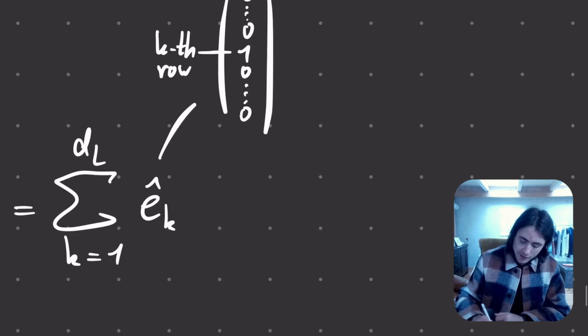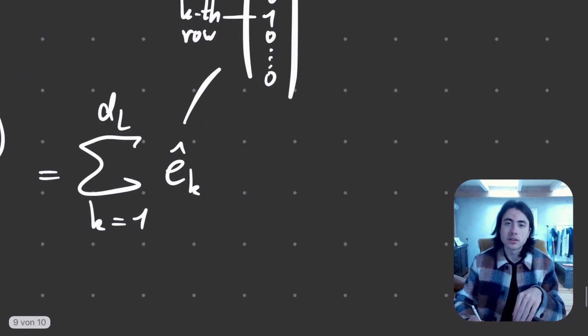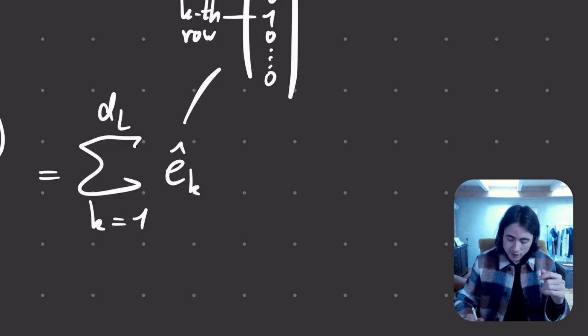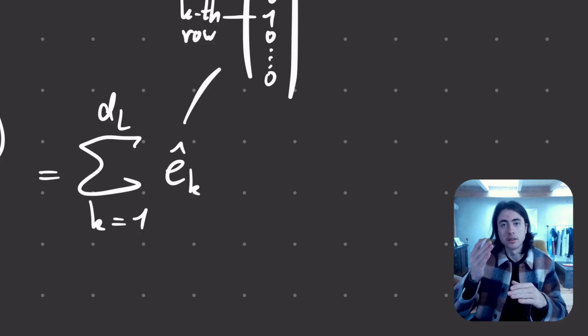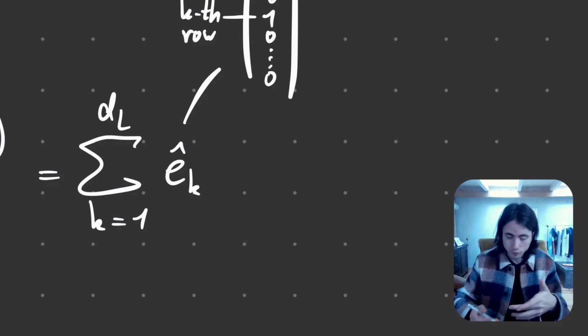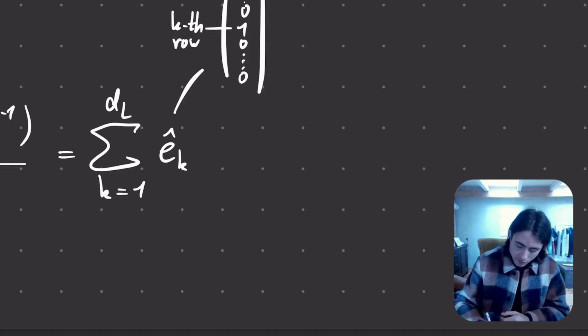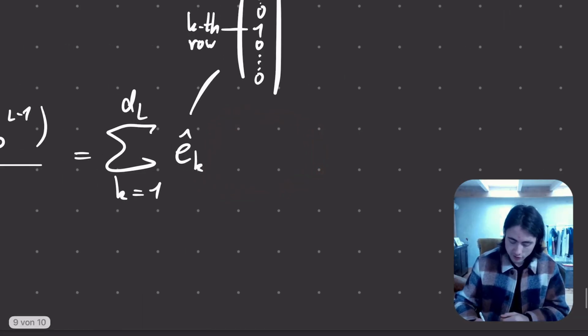Okay, and so if I multiply the unit vector with some scalar and then take the sum over all of the unit vectors, then I can write down the vector with multiple components. Okay, but then let's think about the actual entries of our Jacobian vector.